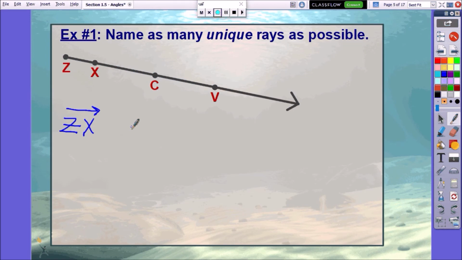Now, could I call this in a unique way, a different ray ZC? Well, technically, ray ZC is the same as ray ZX, because it starts at Z and it goes towards point C and to infinity and beyond, which is the same thing as ray ZV. So these are all the same ray, technically.